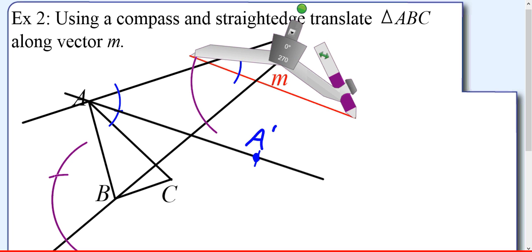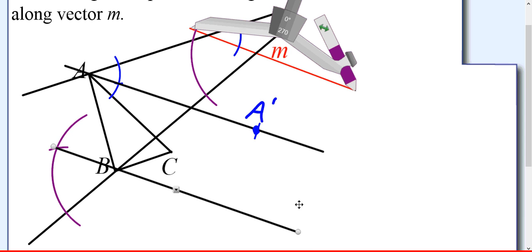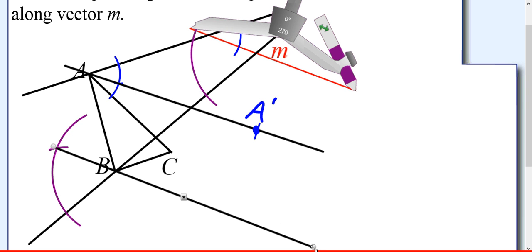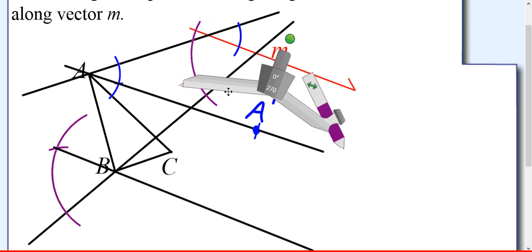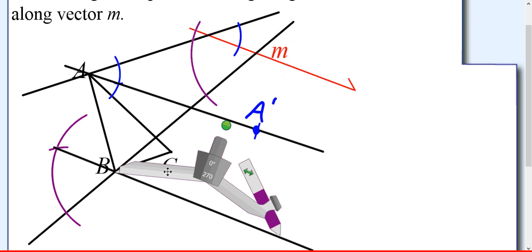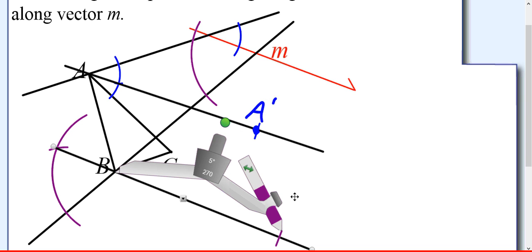Our line disappeared. Hold on. Along this parallel line, that's how far we need to go from B. So from B, it needs to go that far away, and that's our new B point, B prime.